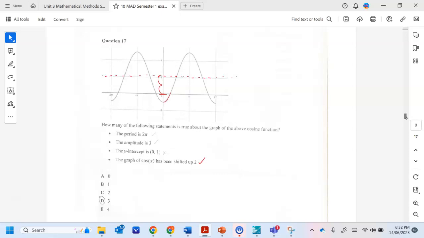And one full period is from 0 to 2 pi, so that one's correct. Your amplitude is the distance from the center to the outside, so we already know that's 2, and we're going to add one more, so it's 3. And your y-intercept is actually down here at 0, -1, so only 3 statements are true there.